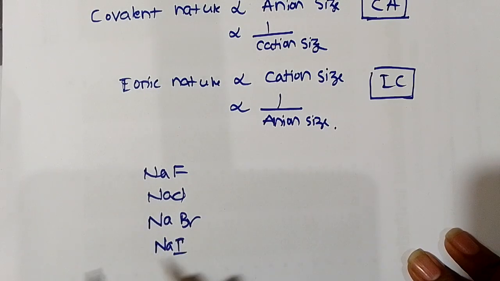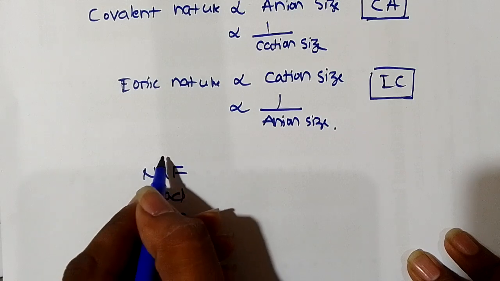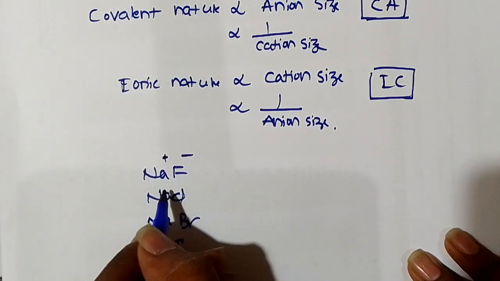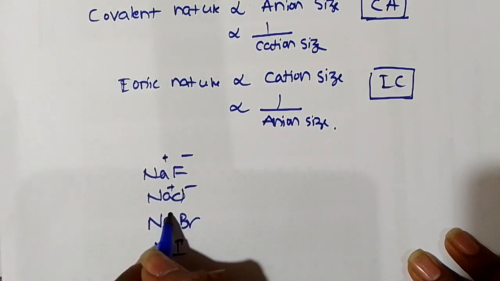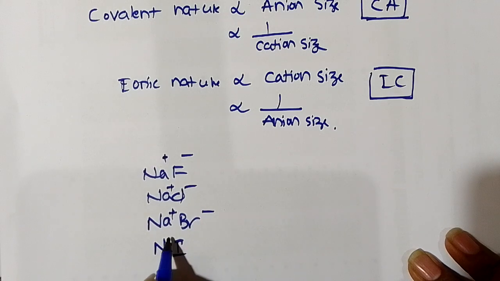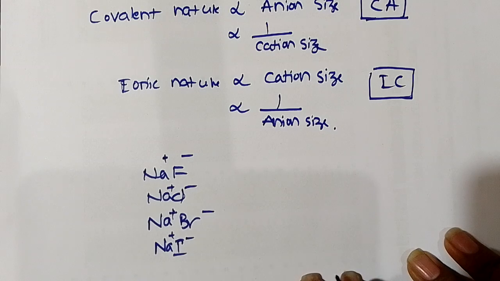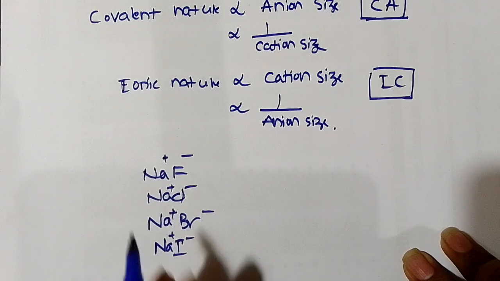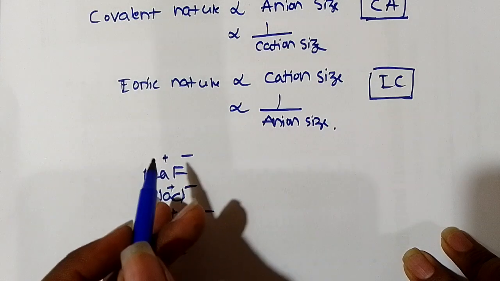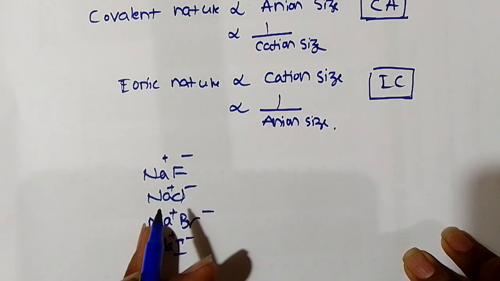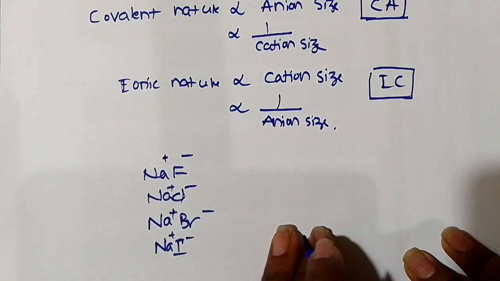Here what is anion, what is cation? Na plus F minus, Na plus Cl minus, Na plus Br minus, Na plus I minus. Negatively charged species are called anions and positively charged species are called cations. Cations always exist first, followed by anions.